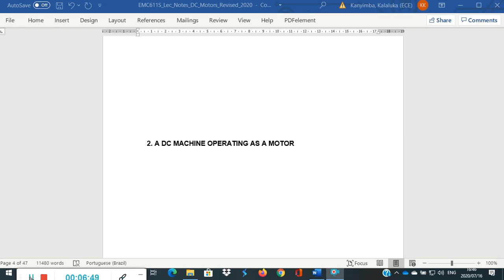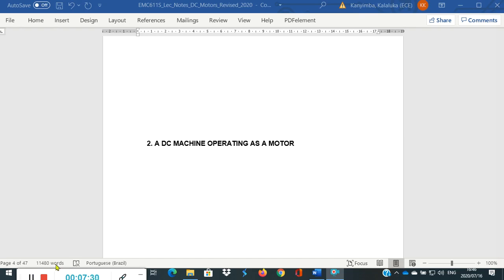If E is the EMF generated in the armature, V is the terminal voltage, Ra is the resistance of the armature, and Ia the armature current, then when the DC machine is operating as a motor, the EMF E is less than the applied voltage V, and the direction of the current Ia is the reverse of that when the machine is acting as a generator.